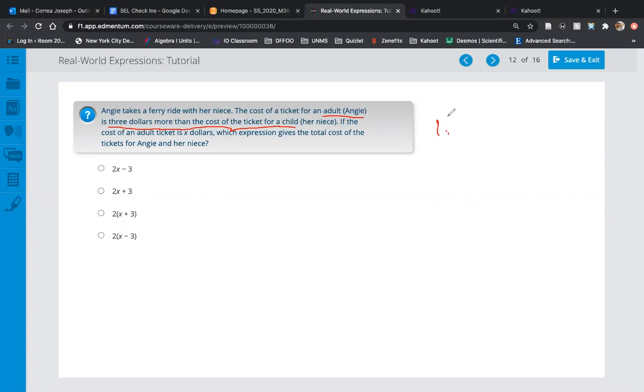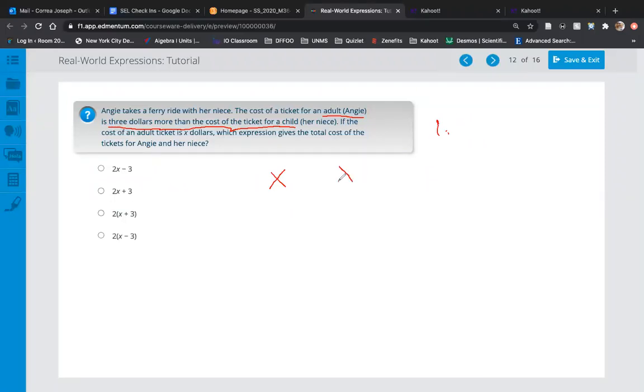All right, so Angie's going to pay $3 more. It makes sense that the adult has to pay some more money. So it says here, if the cost of an adult ticket is X dollars, which represents the total cost of the ticket for Angie and her niece. So the adult is paying more money. If Angie, the adult, pays X dollars, that means her niece pays less.